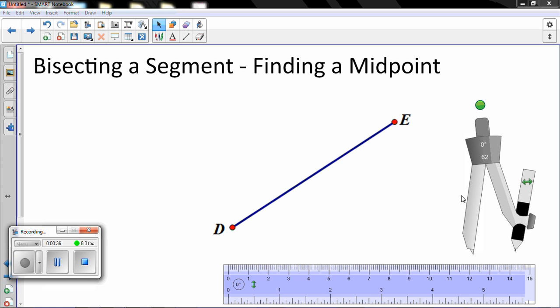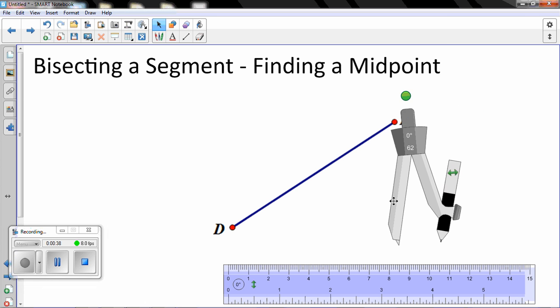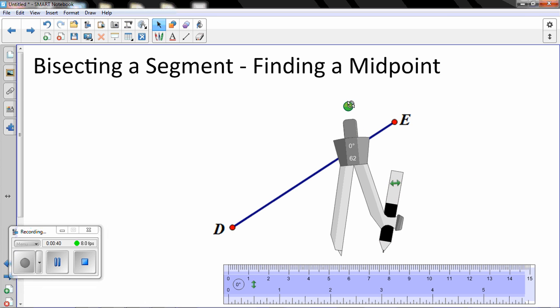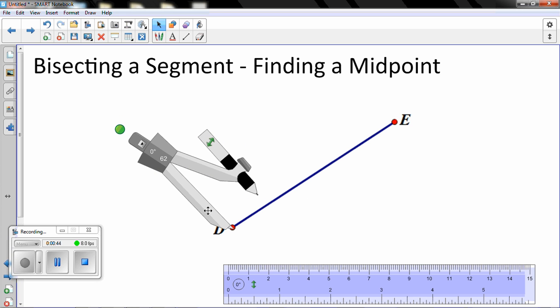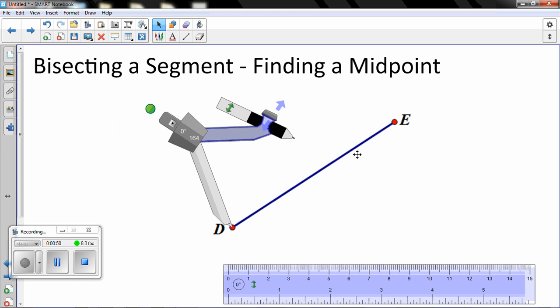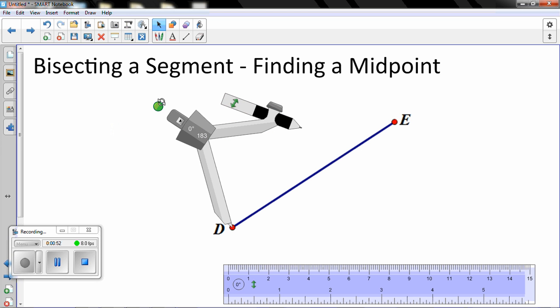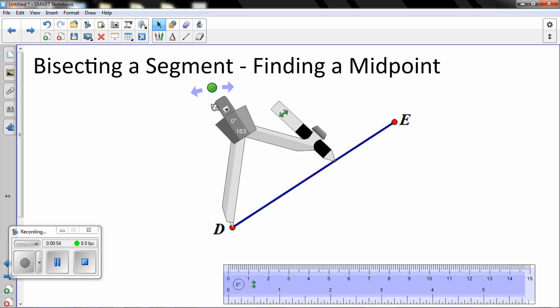But if I want to use my geometric tools to do it, let me show you how to do that. To start off with, I'm going to put my anchor point at point D, at either one of the endpoints, but I'm going to choose to start at point D. I'm going to stretch my compass width to a width that I know is more than half of my segment length. So this requires me to visualize where the midpoint is going to go.